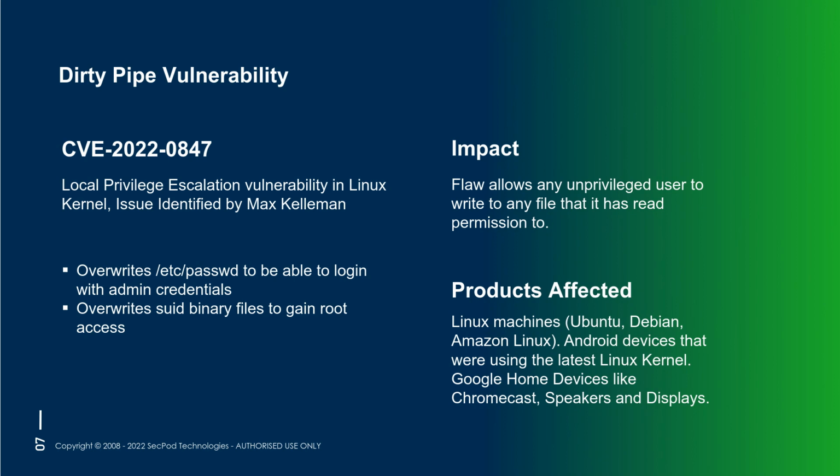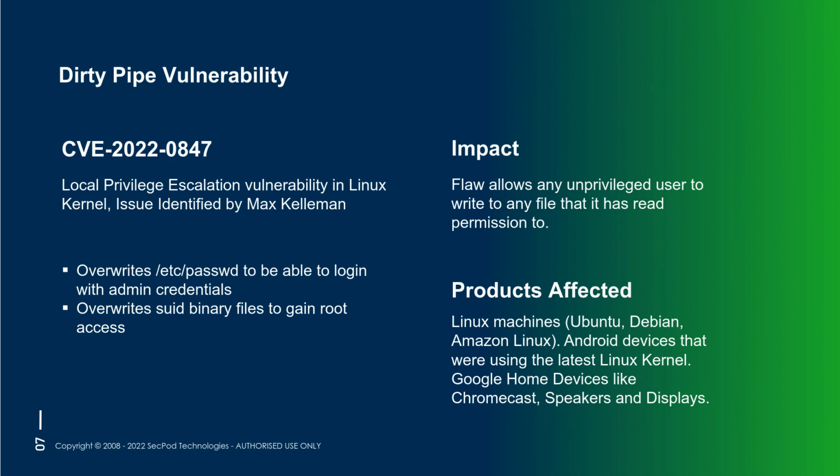Once you have root access, they can start moving laterally. So this particular vulnerability, which allowed any unprivileged user to write etc passwords or other critical files, was something that went unnoticed, is what I believe.